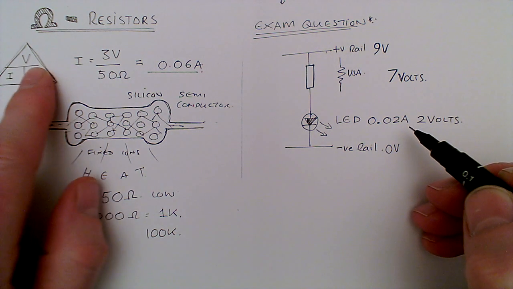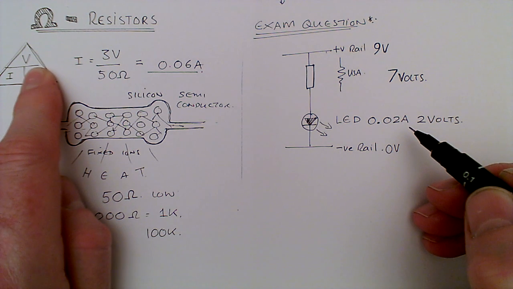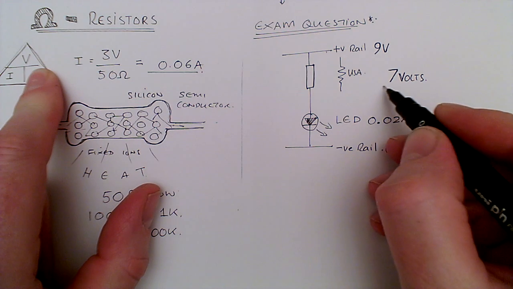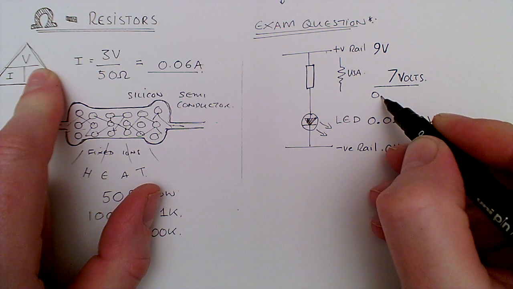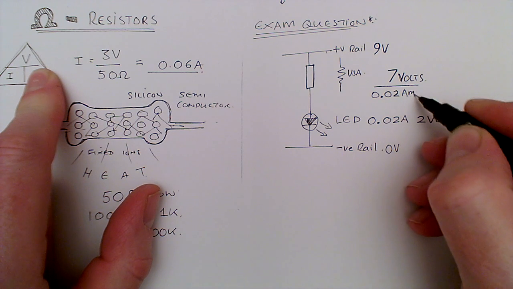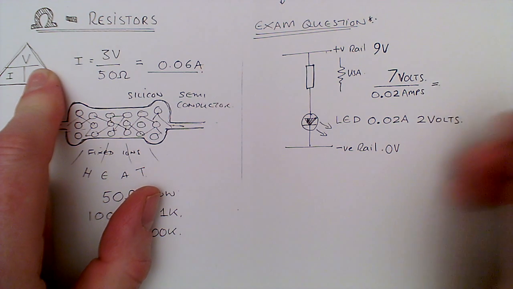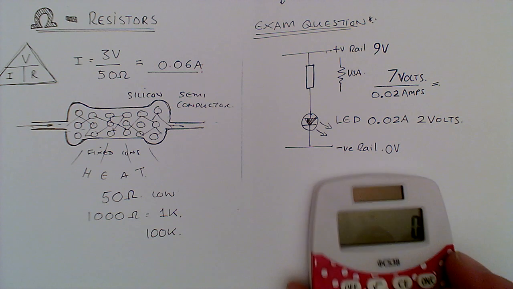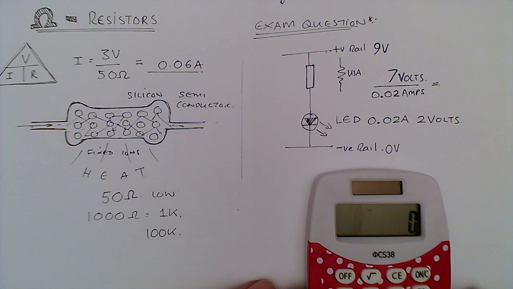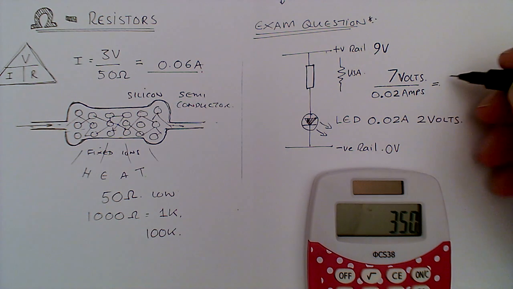So if we apply our Ohm's law to calculate resistance, we've got V divided by I. Well, there's V. Divide that by the current. So 7 volts divided by 0.02 amps will equal 350.